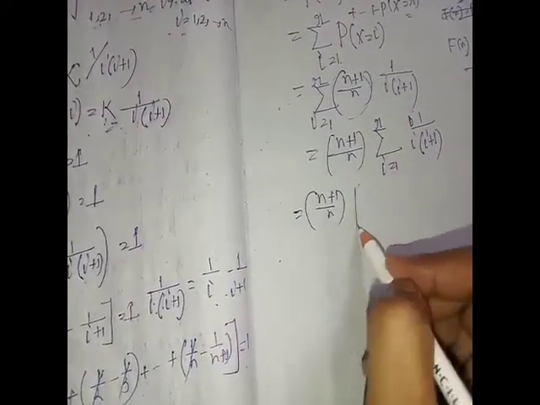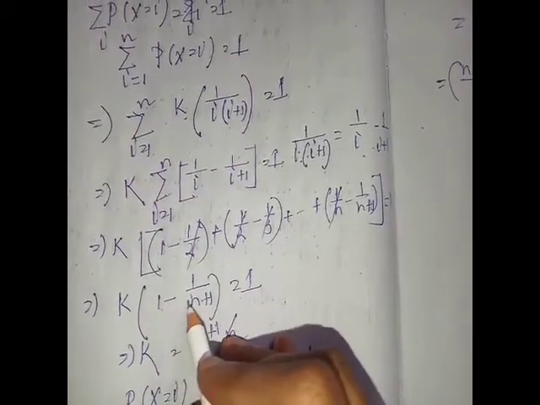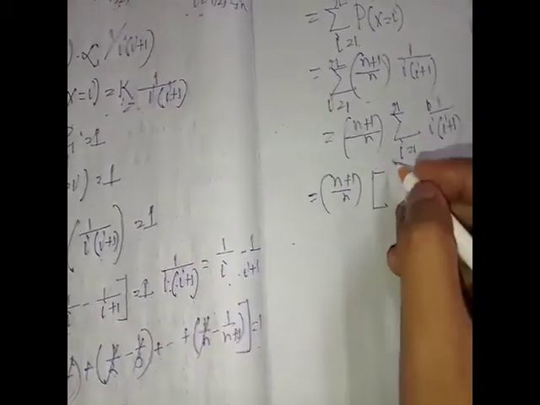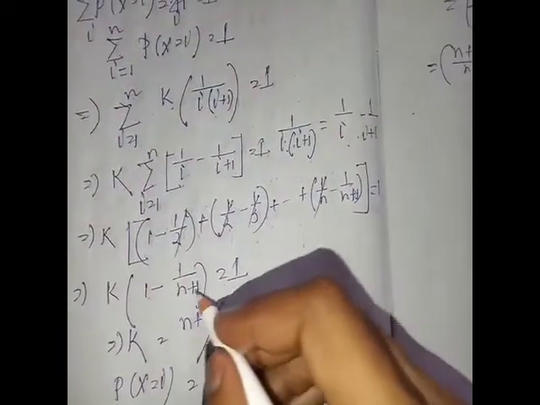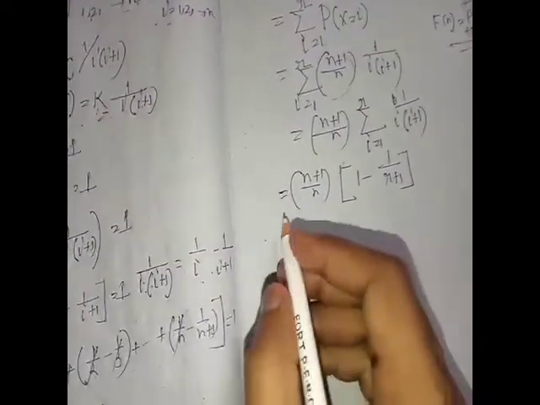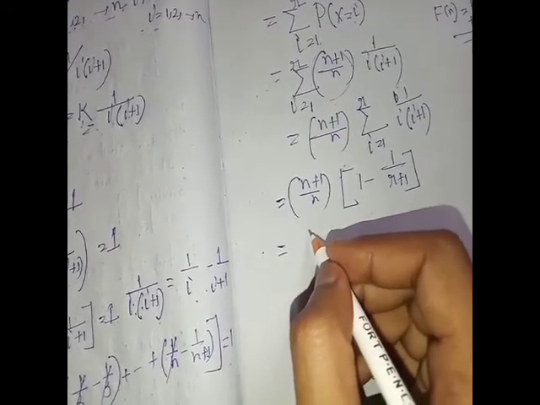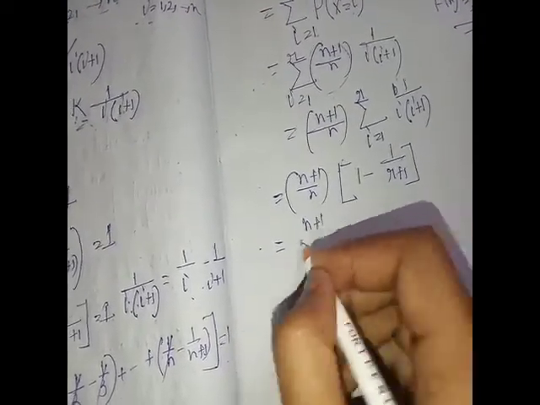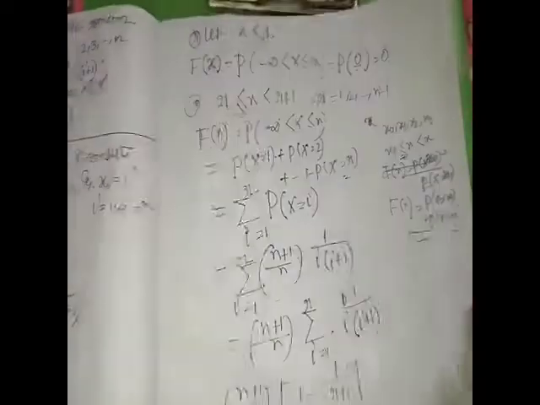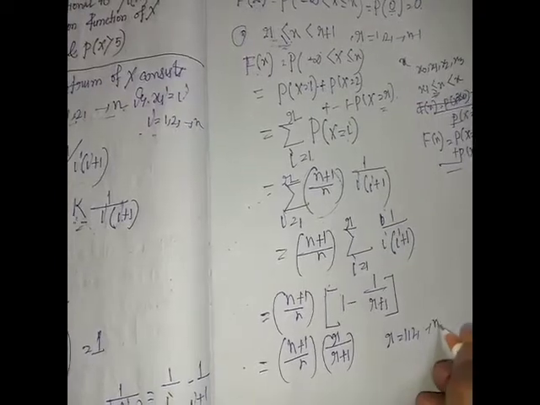So breaking the summation, we get 1 minus 1/(r+1). After calculation we get (n+1)/n times r/(r+1), where r runs from 1 to n minus 1.